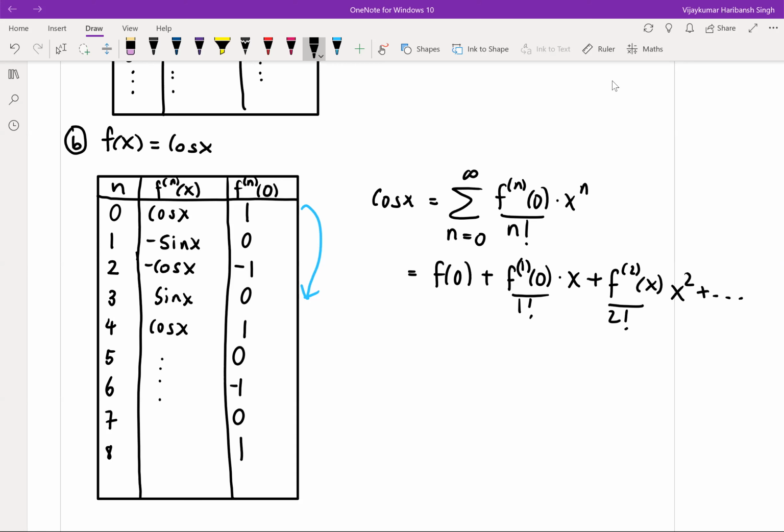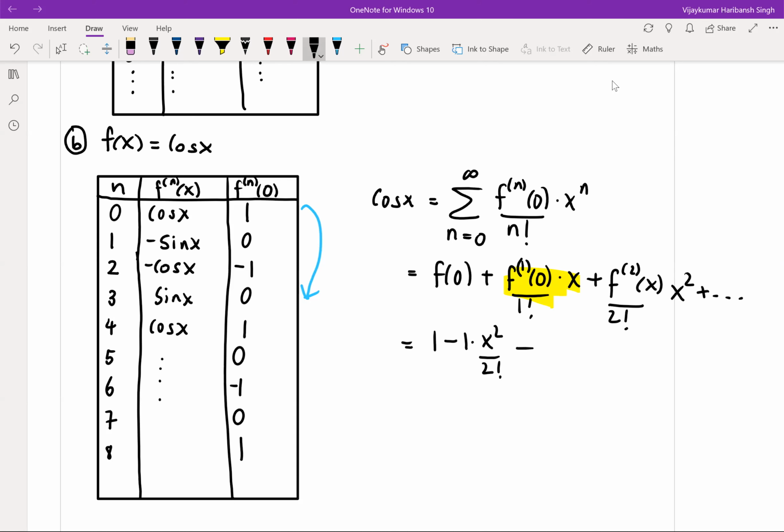Now, when you substitute the values, you will see that the first one is 1, but all the odd ones are 0, and the sign alternates between minus, plus, minus. So this is going to be minus 1 times x squared by 2 factorial. Then the third one is 0.